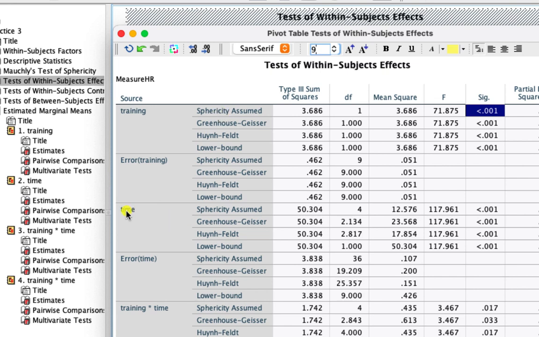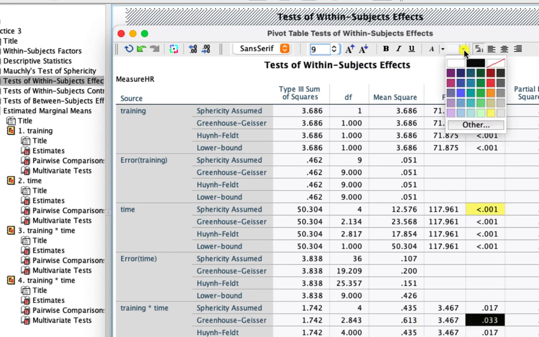We also assumed sphericity for time, so I'll highlight the p-value in that row. And then for our interaction effect, we said we were going to use the Greenhouse-Geisser adjustment since our epsilon value was less than or equal to 0.75. That leads us to a p-value of 0.033.